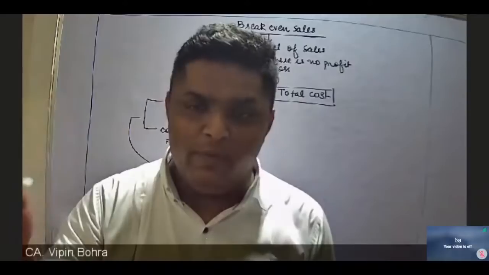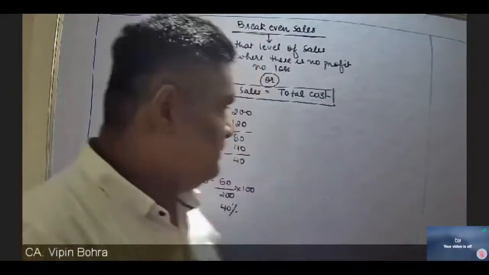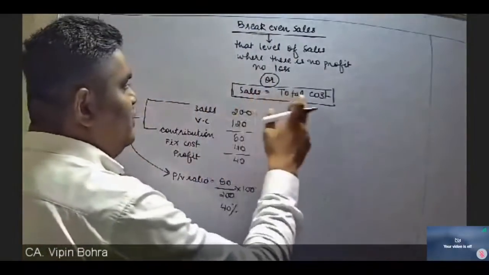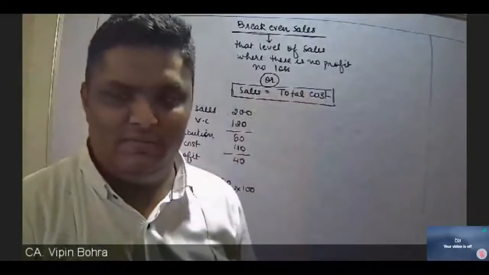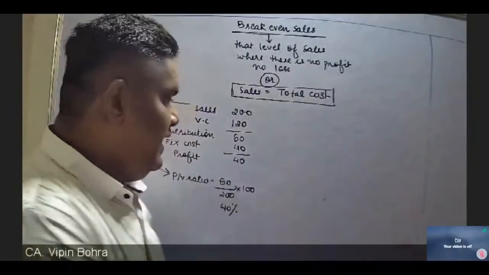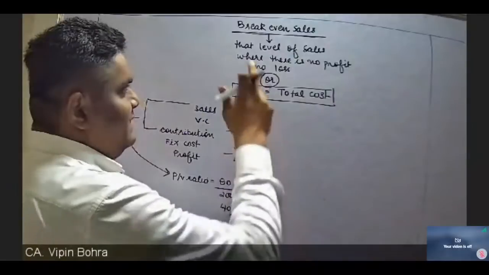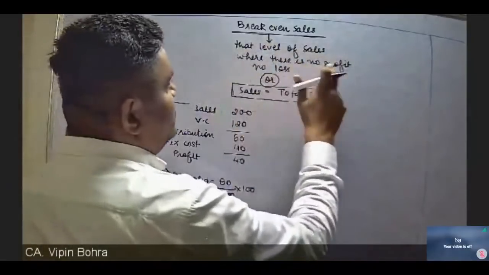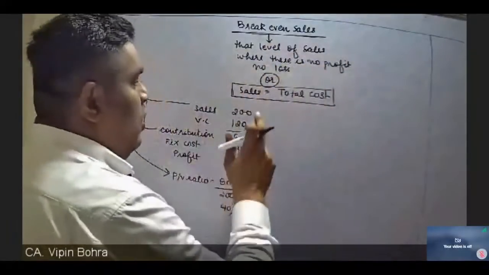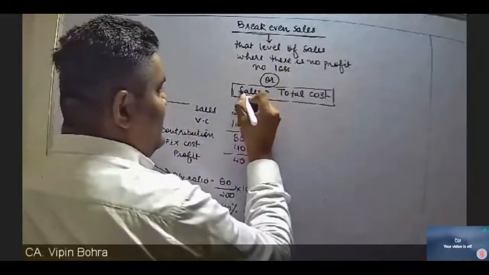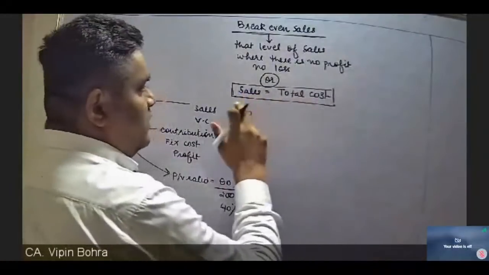Or we can say sales should be equal to total cost. I have to calculate break-even sales, that is that level of sales where there is no profit, no loss, or we can say the level of sales where total cost and sales are equal.